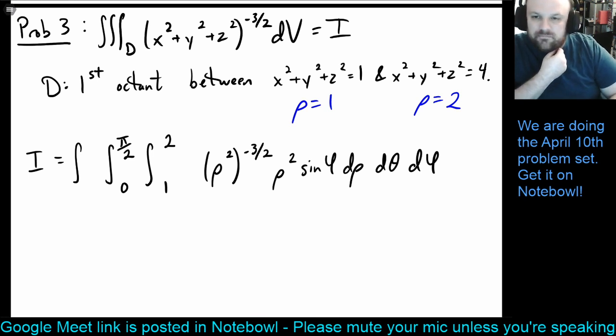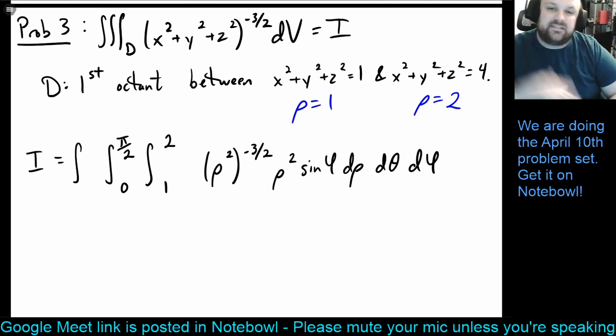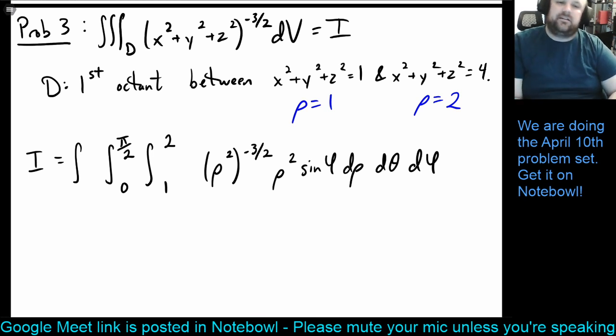All right. If we want to stay, again, in the first octant, we need to stay above the xy plane. I'll give you a second to think about what phi has to be. Remember, phi starts vertically upward and then falls away from the z-axis. So what values?